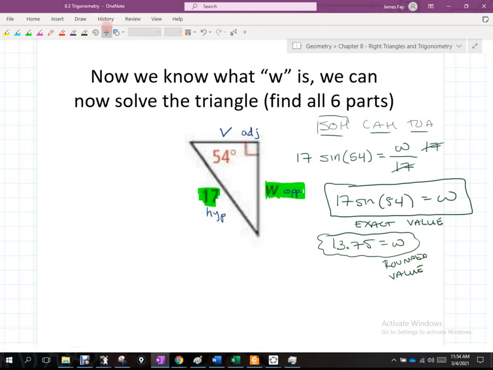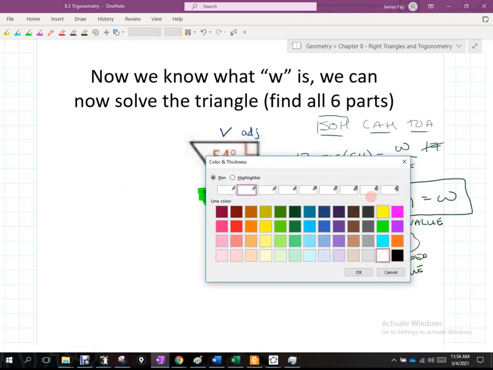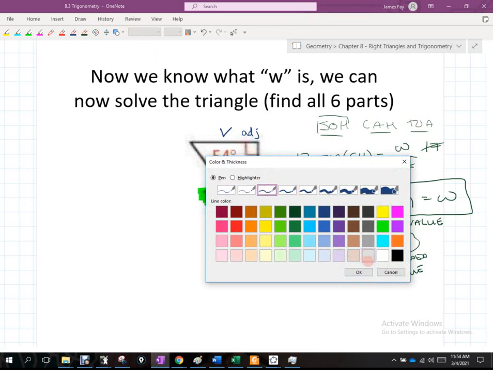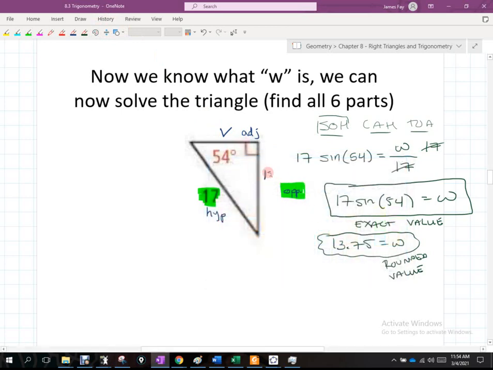So if our goal then is to find V as well, I now know W was 13.75. I now want to find V. And when I choose to find V, I know that I have to use that in my formula, because I'm going to have to use the adjacent side.